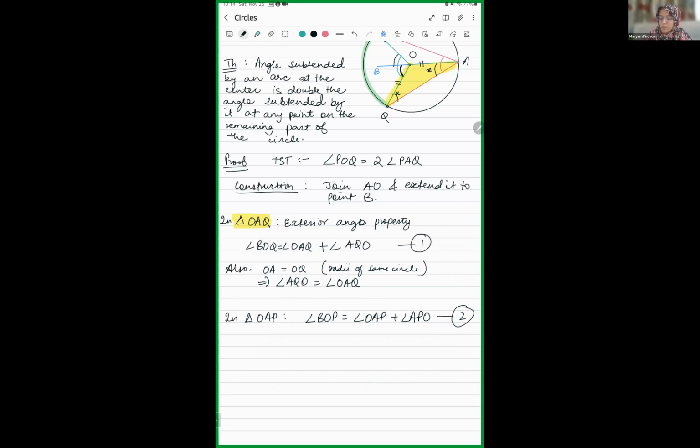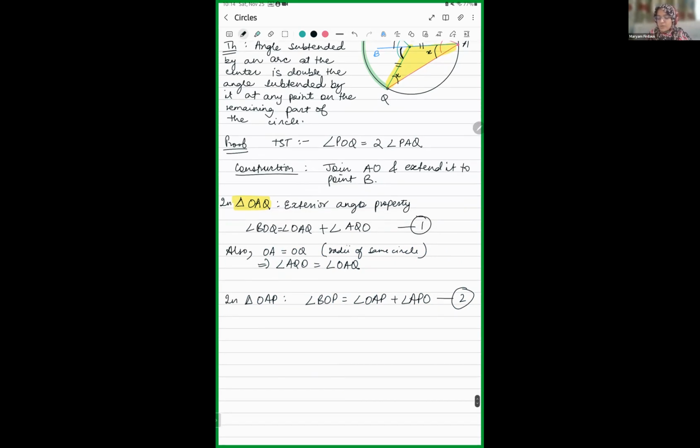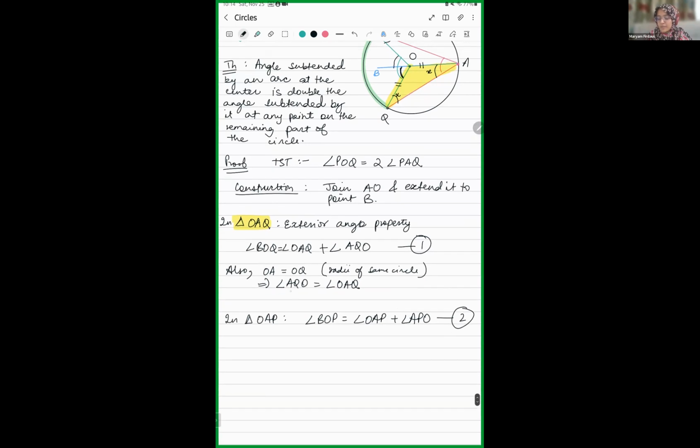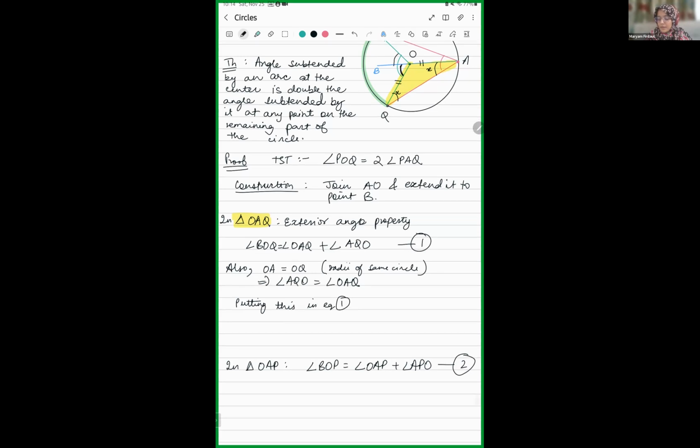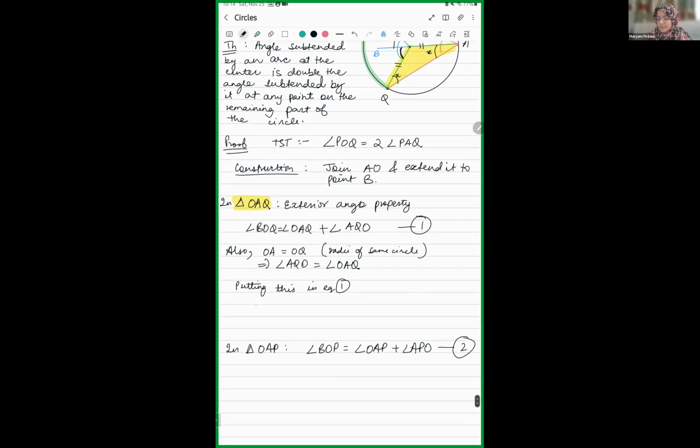So also OA is equal to OQ, since they are radii of the same circle. That means AQO is equal to angle OAQ. Now, if you put that in equation 1, what will your equation 1 become? Abdul Jabbar, please tell me. Putting this in equation 1, let's say this is equal to X for the sake of convenience.